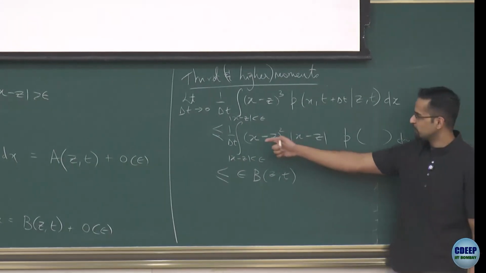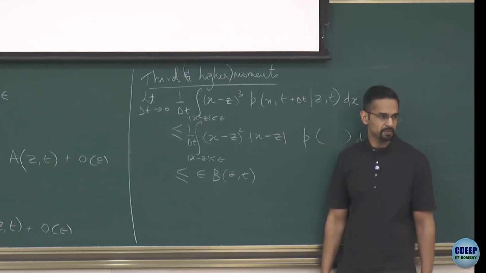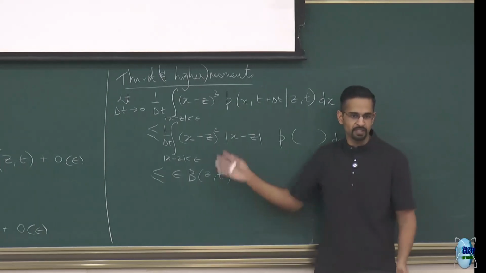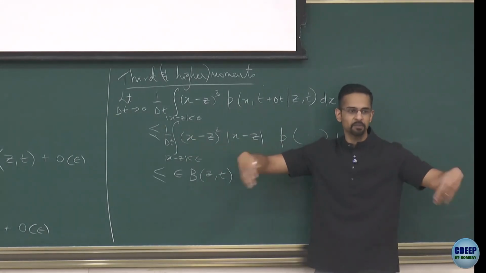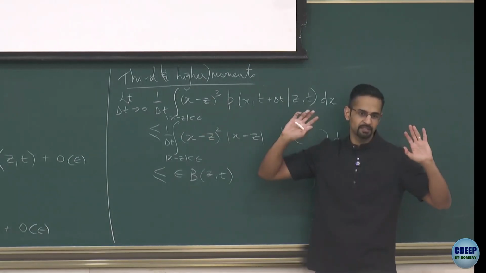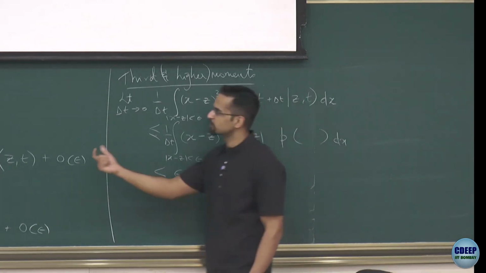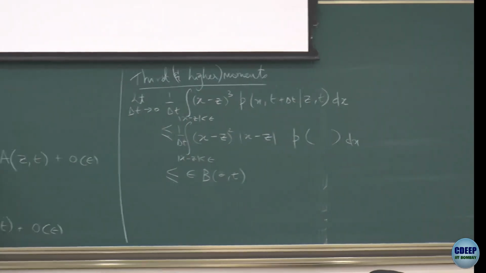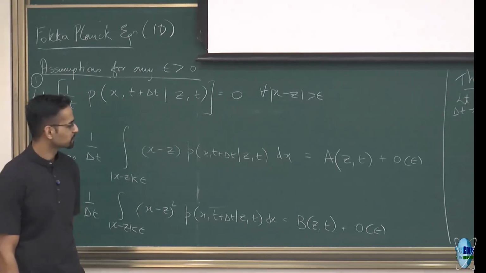Again, I have had to use the fact that I can only look at the integral for small steps. If that's not true, then this doesn't work. If you're thinking of some process where large steps are possible, then the higher moments don't have to be smaller. Everything is connected to the fact that we are only looking at small steps, because we have such a process where large steps go to 0.